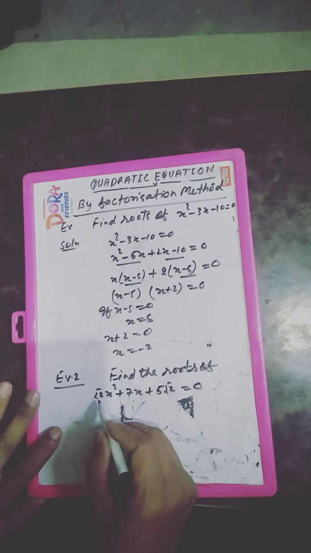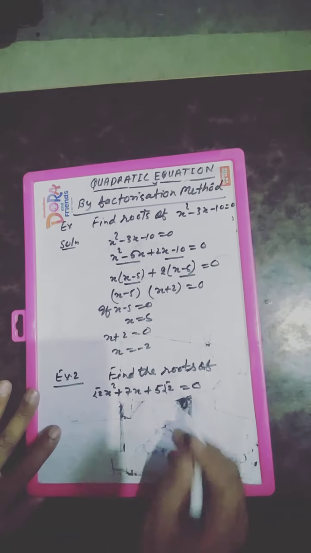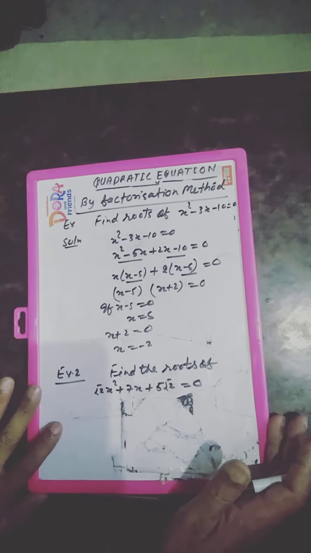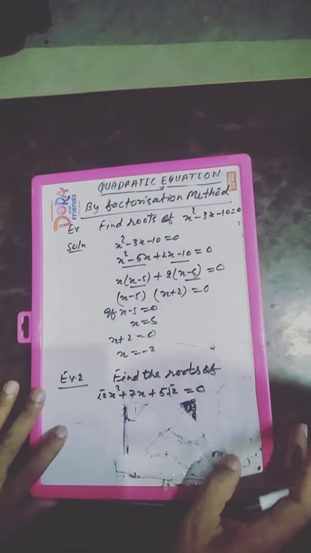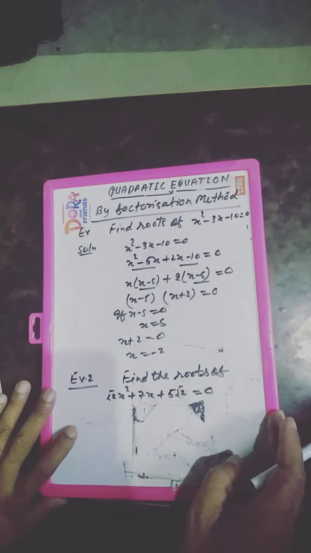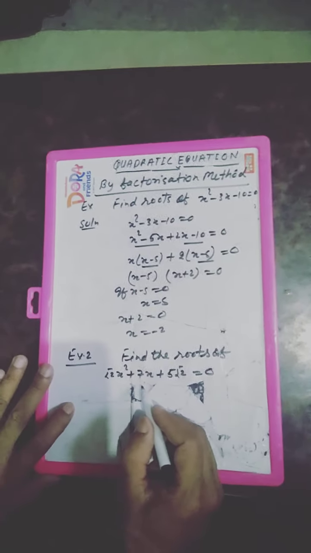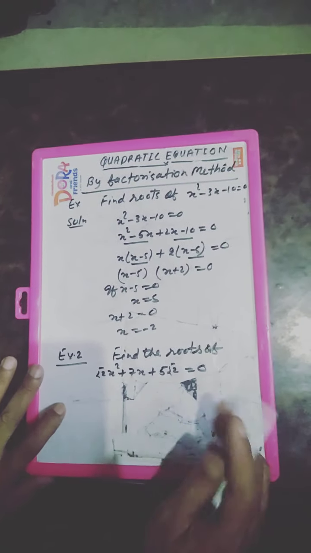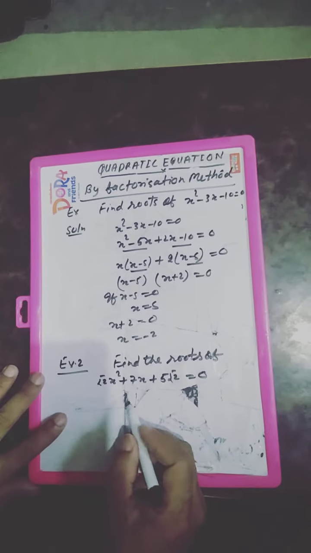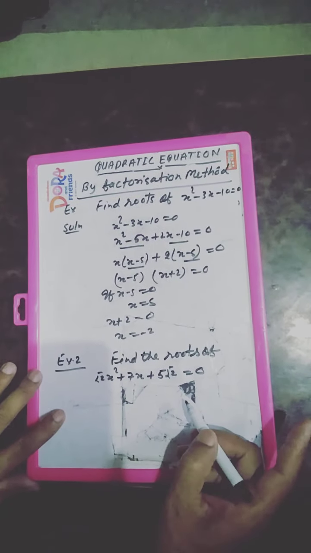First we multiply root 2 and 5 root 2, that is 10. Now we search for two factors of 10 in such a way that their sum and product are 7 and 10. So that will be 5 and 2.